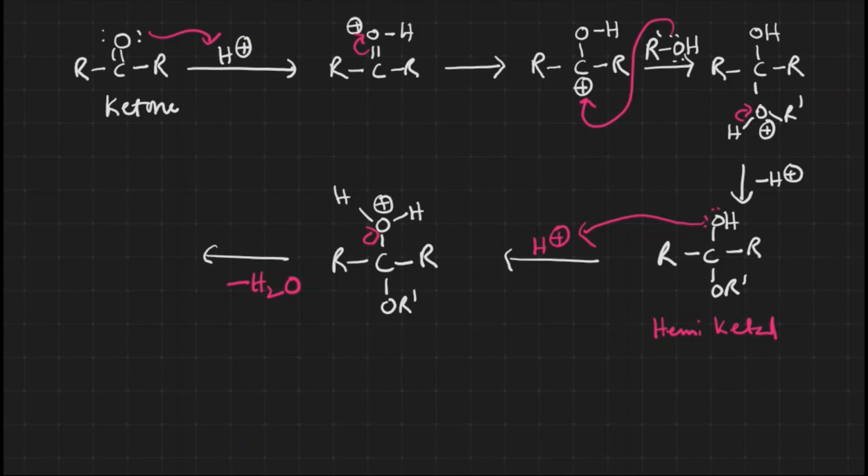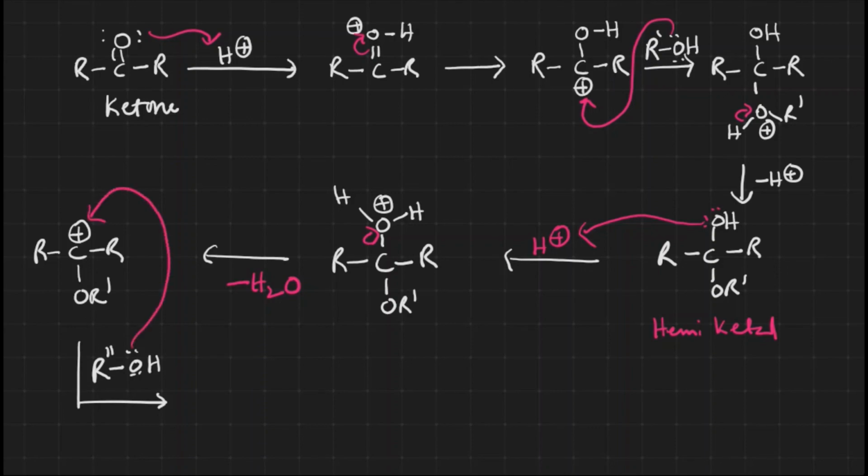After that we get R, C with positive charge, R and OR dash. Now carbon with the positive charge acts as an electrophile. What do we have as the nucleophile over here? Again, the alcohol. This alcohol attacks over there.